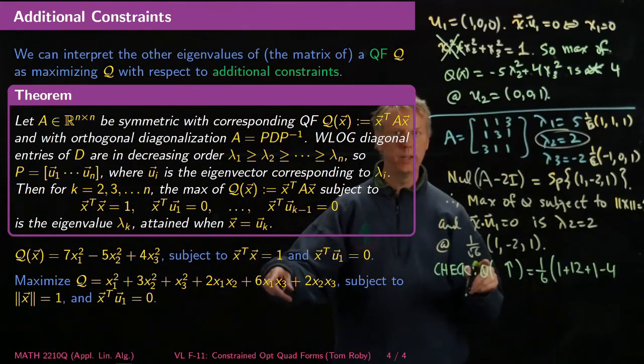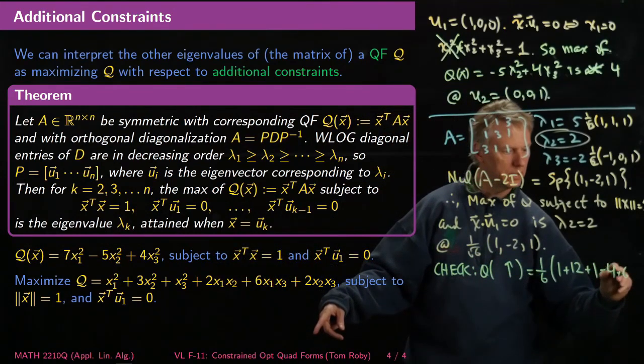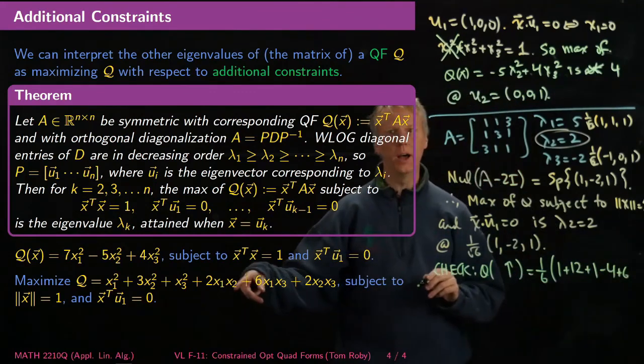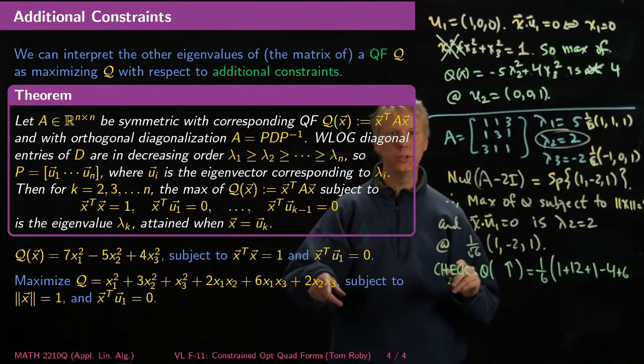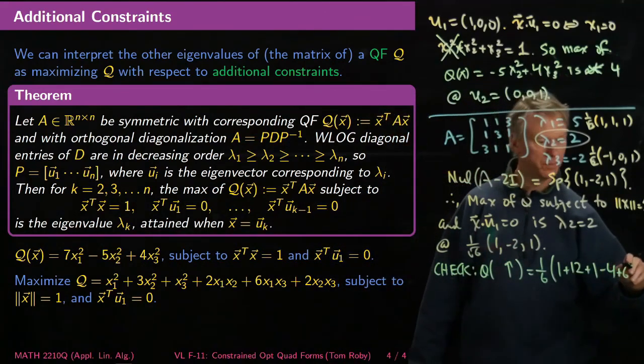And then I have 6 times x1, x3, that's plus 6. And then finally, I've got 2 times x2, x3, so that's another minus 4.